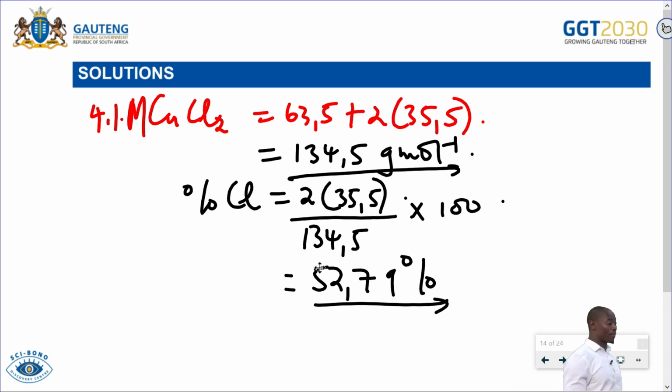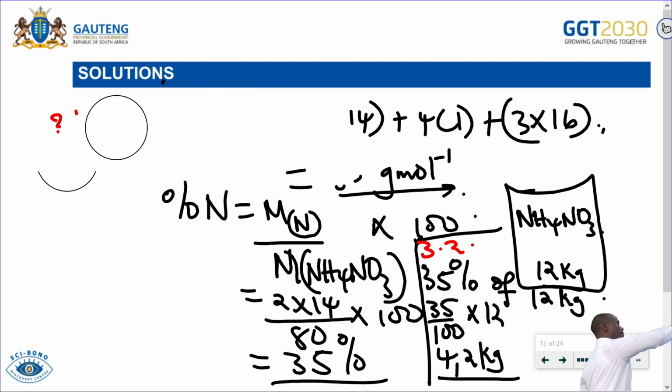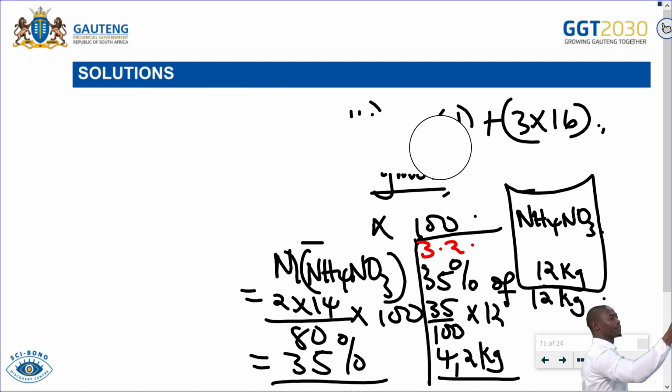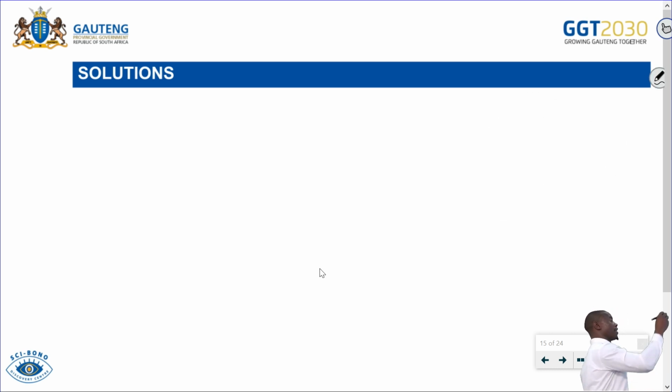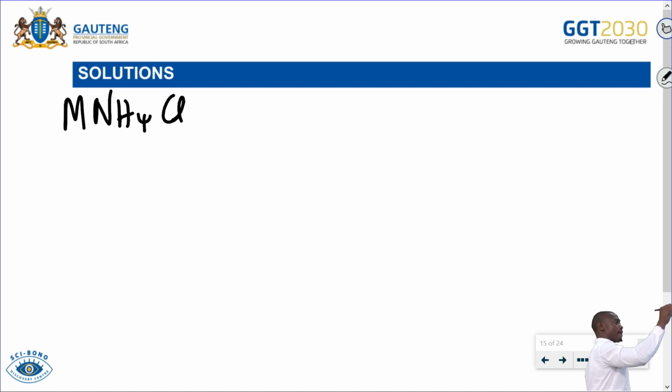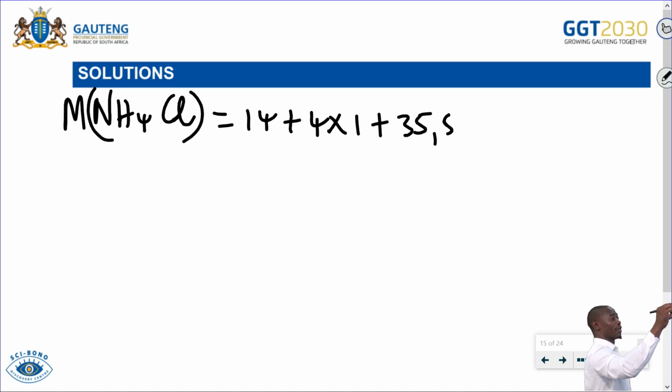So what will be the percentage of chlorine in ammonium chloride? Start with the molar mass of ammonium chloride. Nitrogen atoms is 1, so it's 14 plus 4 times 1, plus chlorine, which is 35.5.